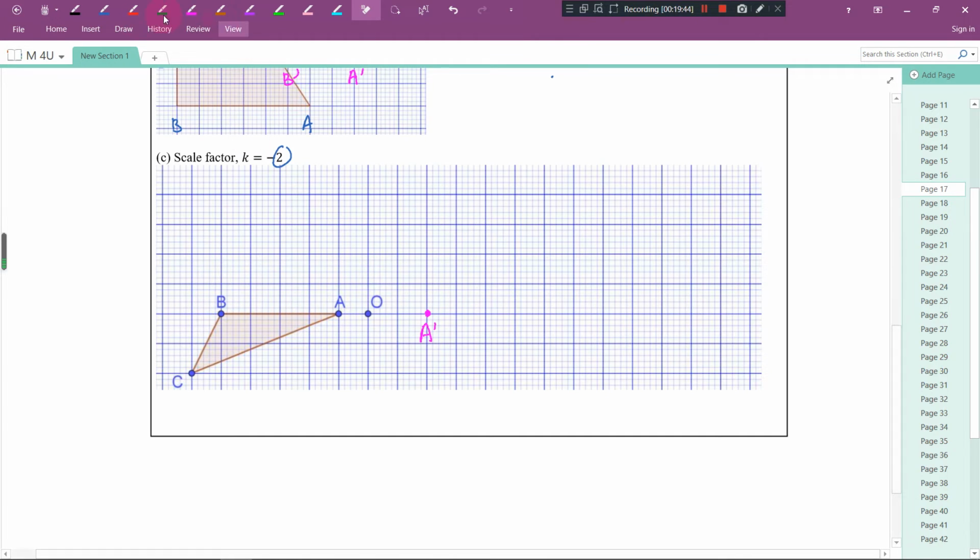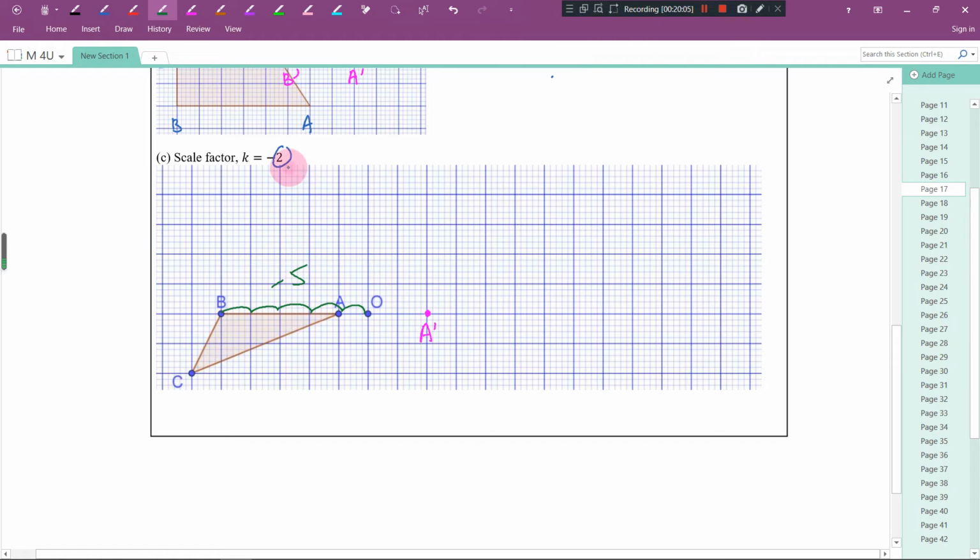So how about B? I think this one you should have no problem. 1, 2, 3, 4, 5. 5 times 2, you get 10, right? So we go this way. If you don't want to, you can think this way. Go to the left hand side. This is negative 5.